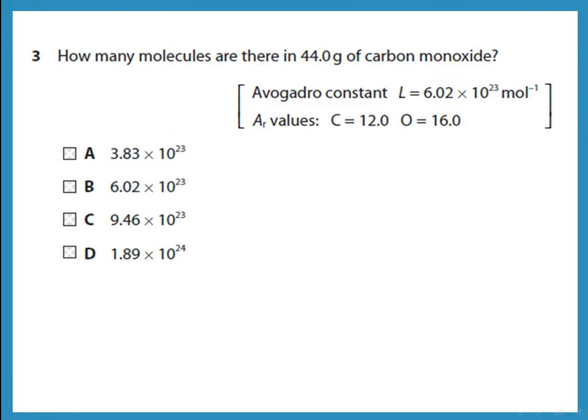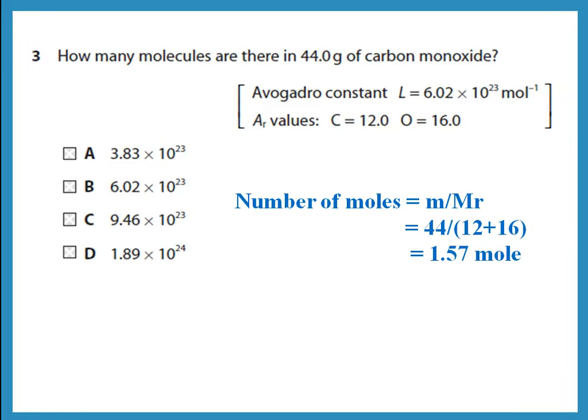How many molecules are there in 44 grams of carbon monoxide? Now, you should realize that in order to get the number of molecules, I need first to get the number of moles. Now, how do we get the number of moles? He's giving me 44 grams. That means I will use the equation that involves mass over molecular mass.